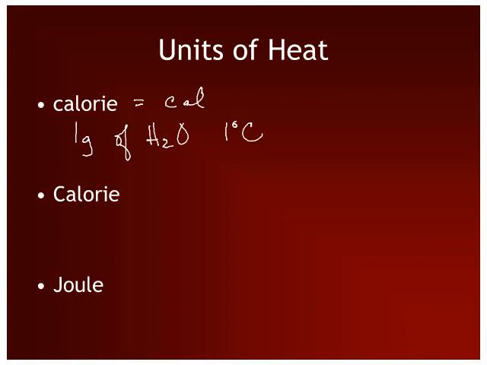Now, it's not quite the same as a food calorie. This one here is a food calorie. It has a capital C. When it's abbreviated, it is CAL with a capital C. And like I was saying, this is your food calories. Okay, food calories.